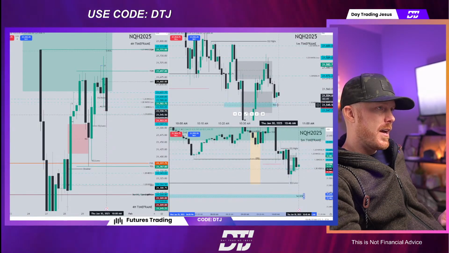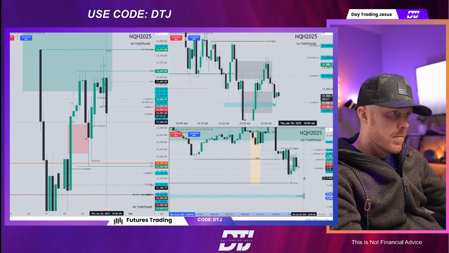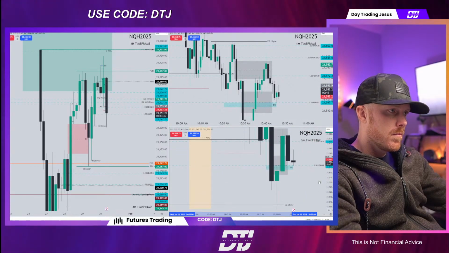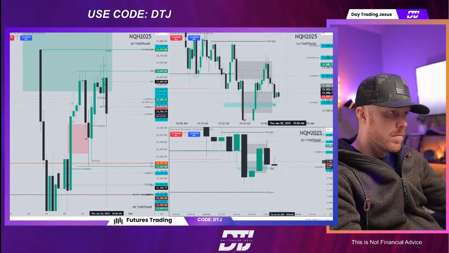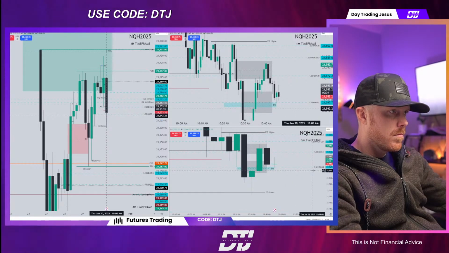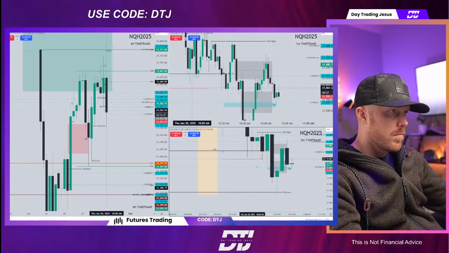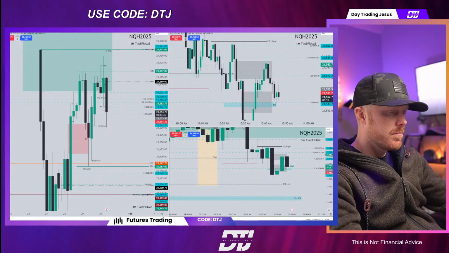We tagged the 5-minute, but we're still in consolidation.